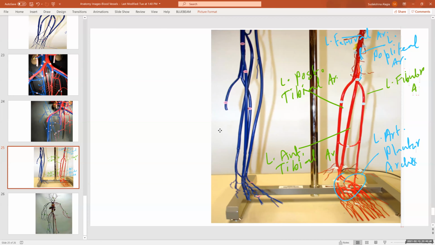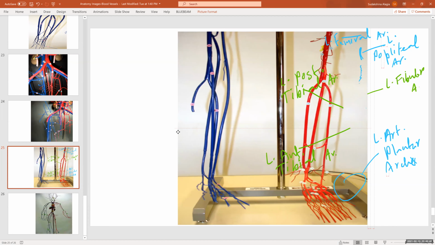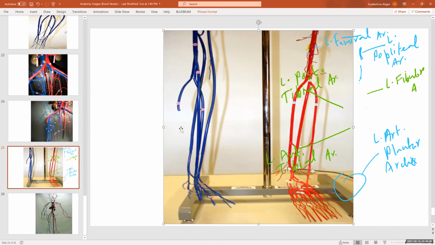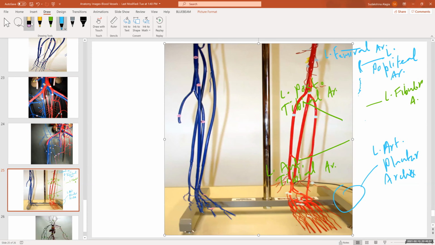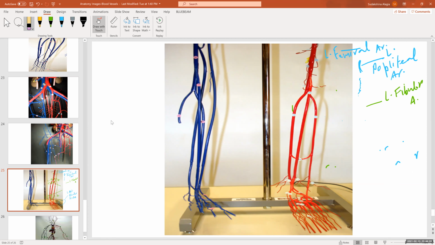I'm going to move this slightly to the left and erase the okay here. Okay, we got the arteries.